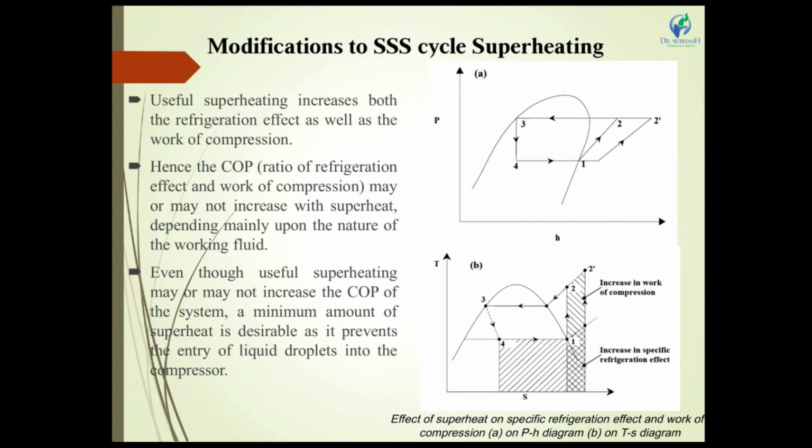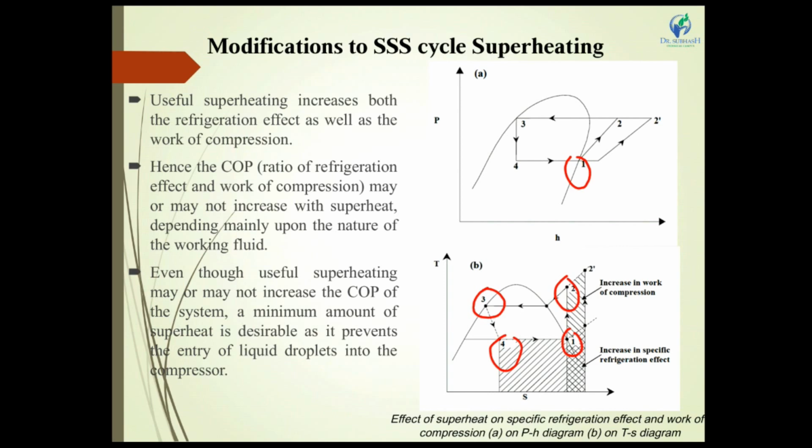For a TS diagram, the normal process is 1, 2, 3 and 4 for a vapor compression refrigeration system. For process 1, the saturated refrigerant enters into the compressor. At this time, maybe some liquid droplets are present and enter into the compressor. At this time, it's not sure whether the COP of the system increases or decreases.